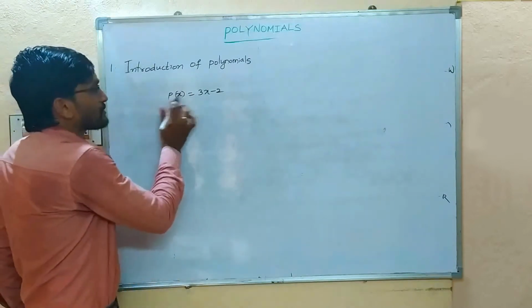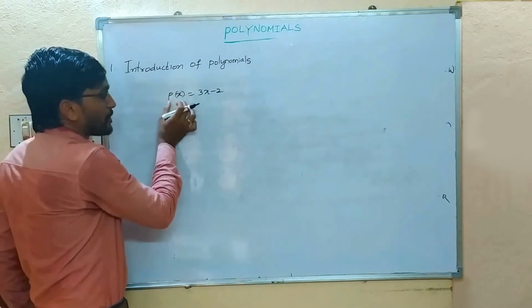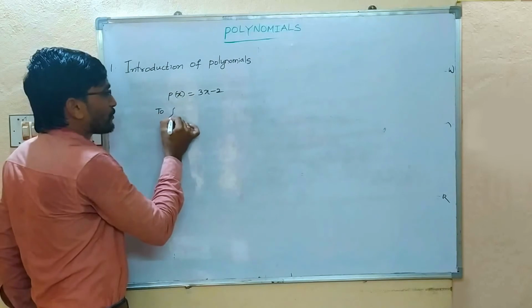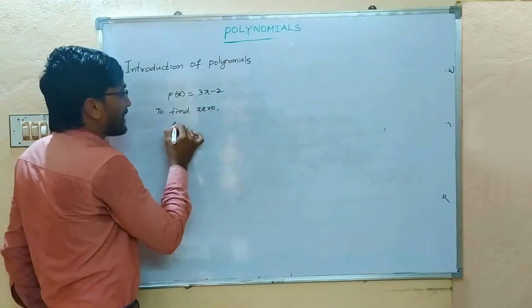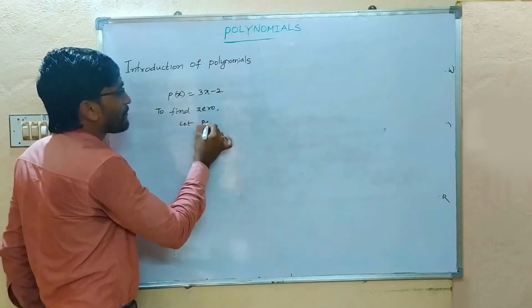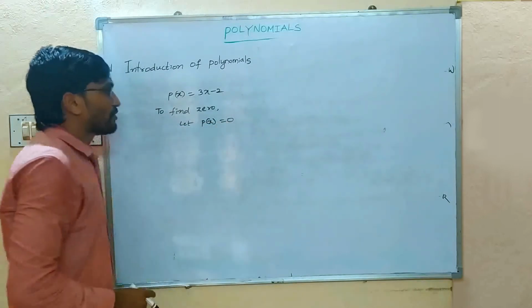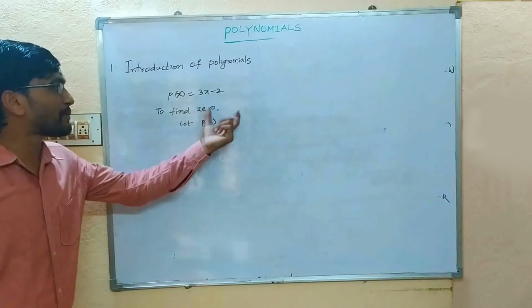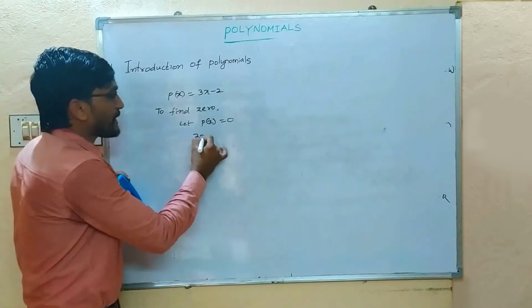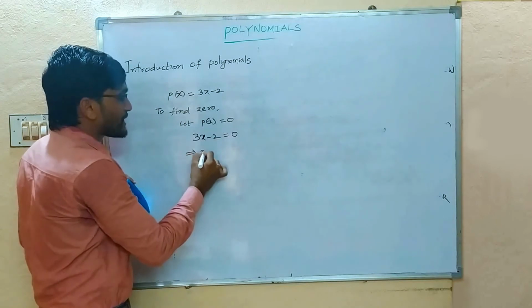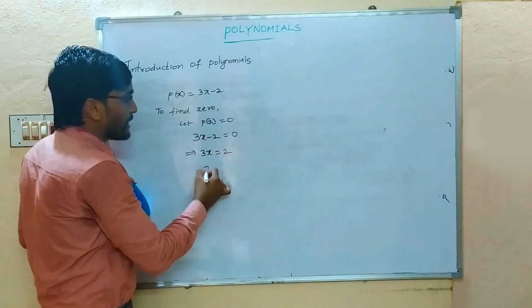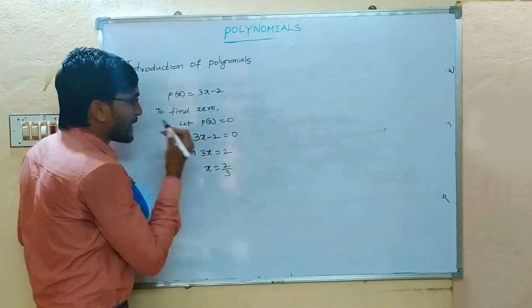Let us see. To find zeros, let us assume that p of x is equal to 0. P of x is nothing but 3x minus 2, equal to 0. This implies 3x is equal to 2, so x is equal to 2 by 3.